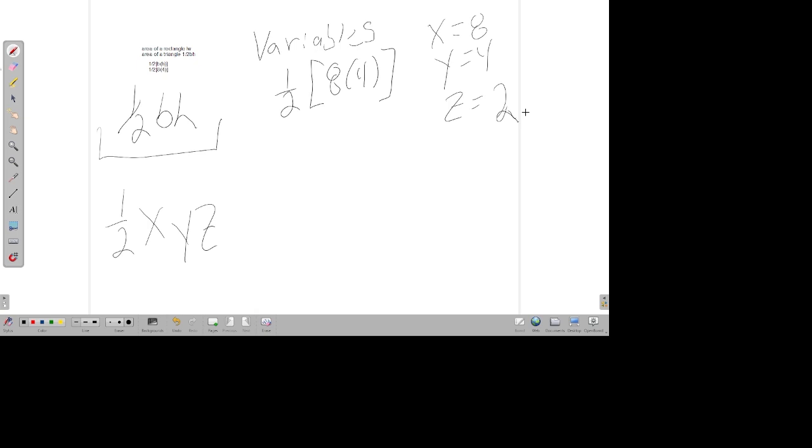So if I wanted to write that, I could write 1/2, and then I could do one of these goofy brackets, and I could do 8, and then a square bracket, 4 times 2, and then another one of these goofy brackets.